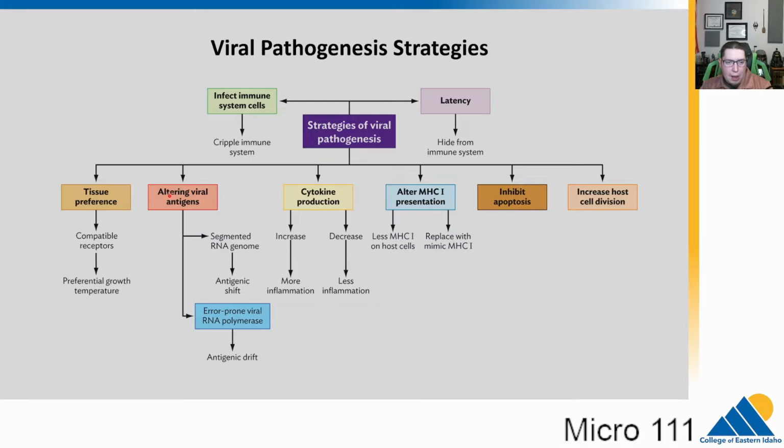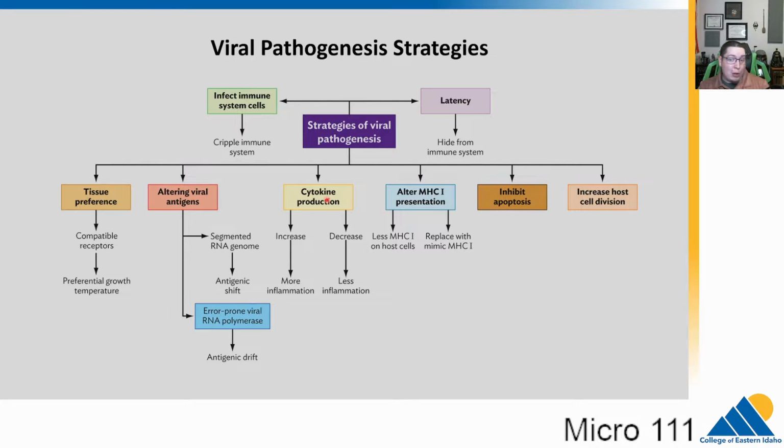We will talk about altering viral antigens through evolution. Error-prone RNA polymerases, right? RNA polymerase makes a lot of mistakes, so we can have antigenic drift occurring. Segmented RNA genomes, like in flu, this can lead to antigenic shift. Cytokine production, they can actually increase or decrease inflammation depending on what they're trying to do with the cell.